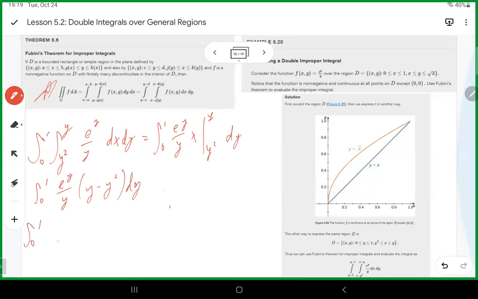Oops, sorry, that part's gone now. We distributed it. So you get e to the y minus y e to the y, which gives you e minus 2.